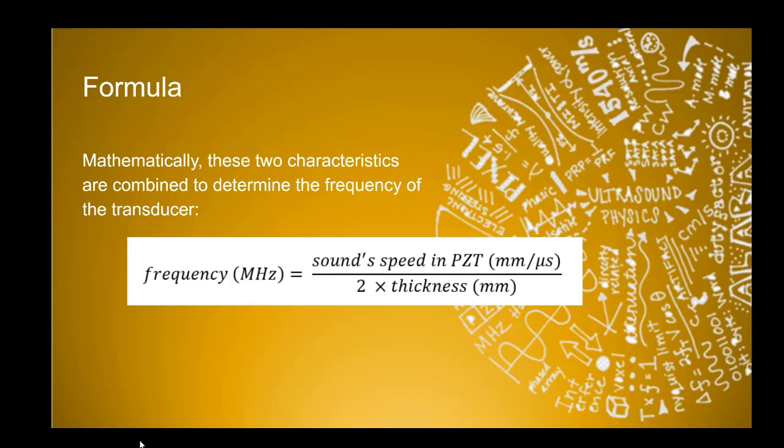Now, mathematically, there is a formula that goes along with what the frequency is, and I believe you'll have a little bit of practice of this in your workbook. This is not a formula that I would spend a lot of time remembering. Rather, understand the concepts that we are learning from this formula.